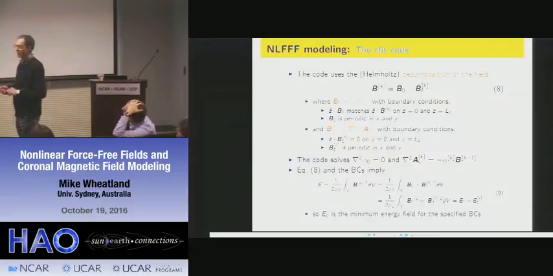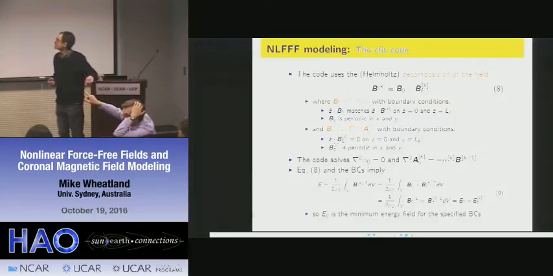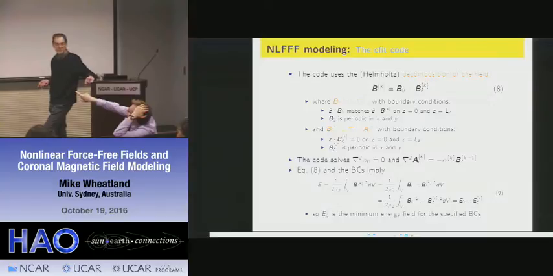The field B is the sum of a potential component and a non-potential component. So what he's saying is that at z equals 0, the non-potential component has to be 0, at least in the vertical direction.